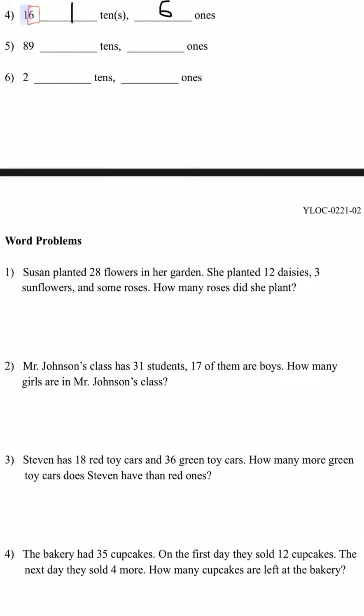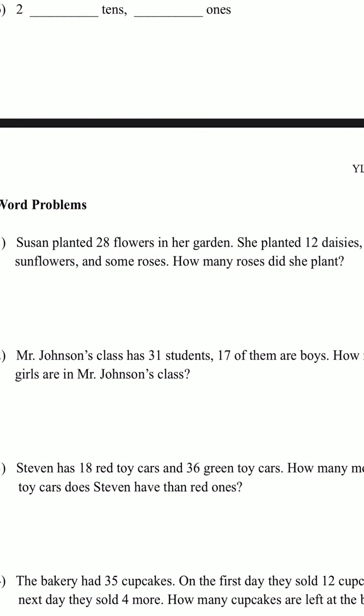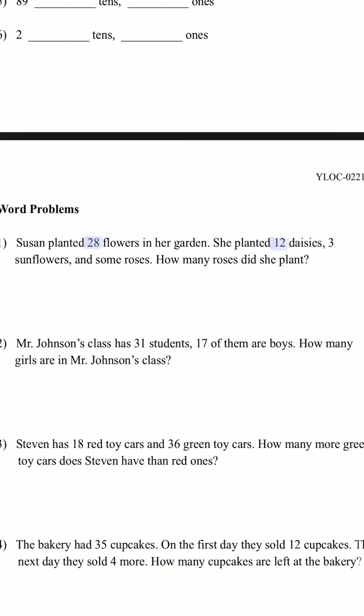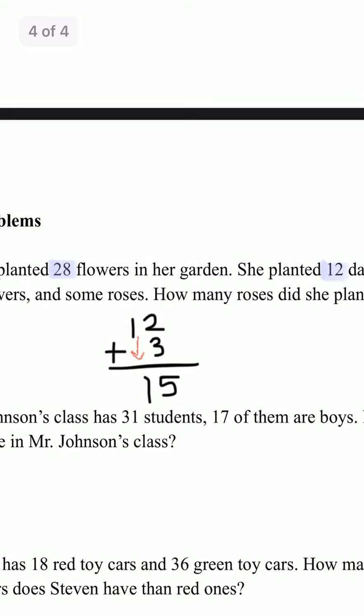Word problems. We're going to try number 1. Susan planted 28 flowers in her garden. She planted 12 daisies, 3 sunflowers, and some roses. How many roses did she plant? So to find this out, she planted 28 flowers, right? So she first planted 12 daisies, 3 sunflowers, so we're going to add 12 plus 3. 2 plus 3 is 5, and the 1 is going to drop because we don't have any numbers under 1, so 15, right?